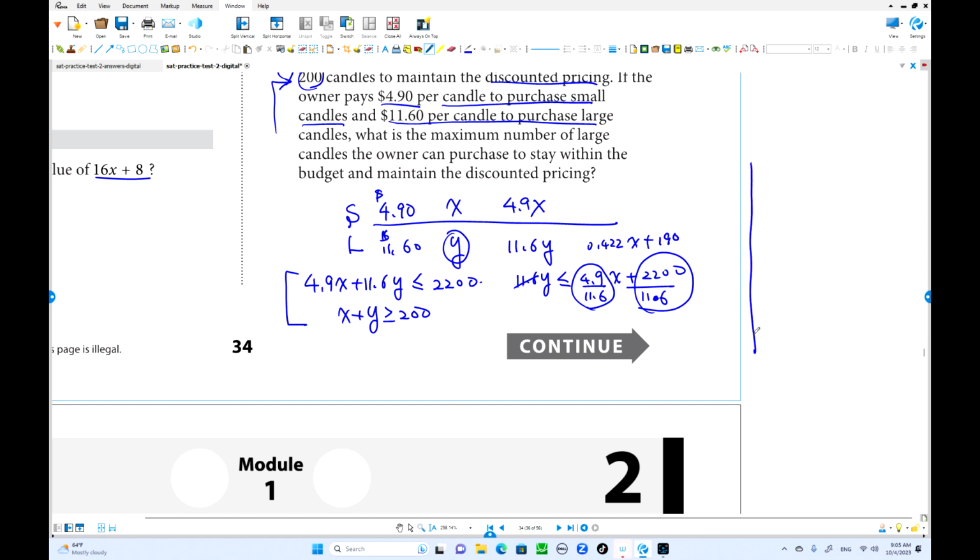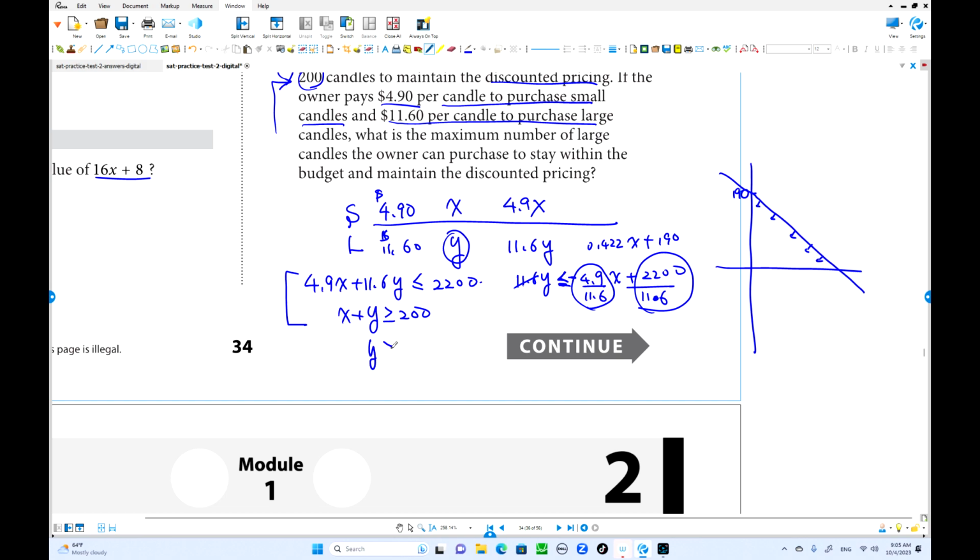The graph looks this way. This is around 190 over here. The slope is negative, right? Negative looks like this way. But less than or equal is below the graph. Okay, below the graph.